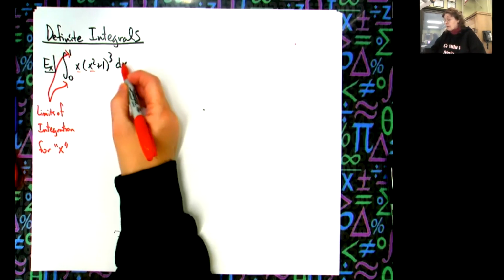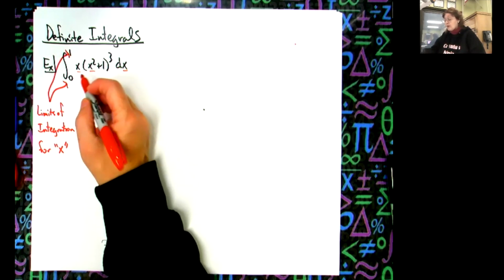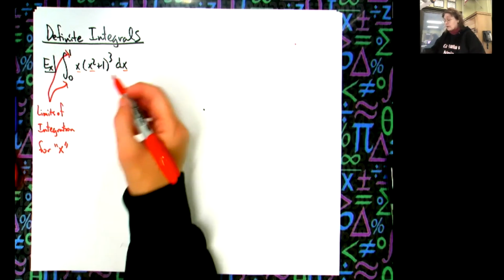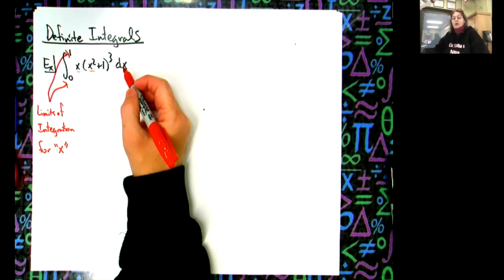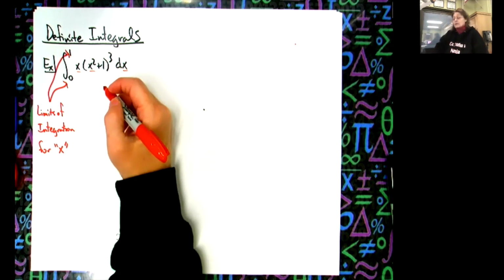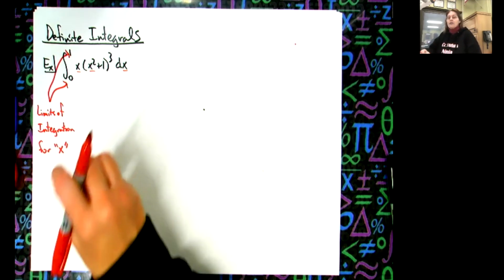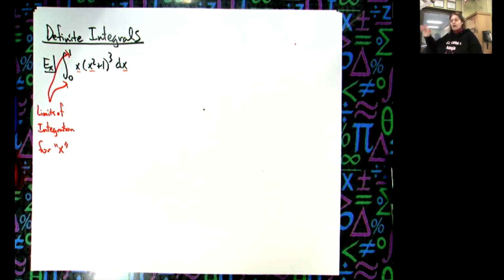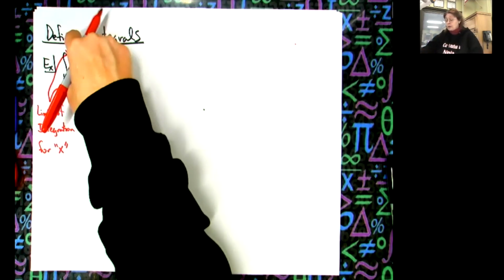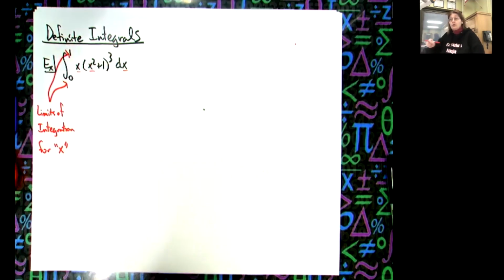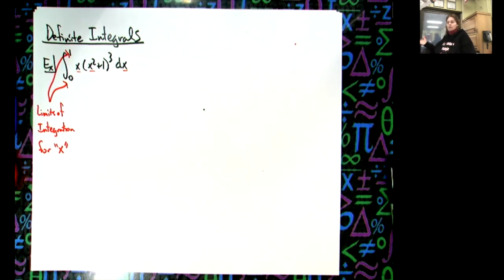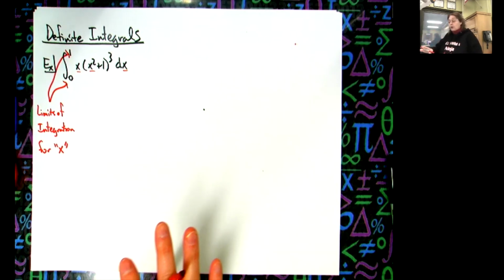I've got a dx right here, and this function is in terms of x. I see all x's here. These are limits of integration for x, and right now we're not going to change them. Sometime later after Christmas, when we come back, we will learn how to change these limits of integration for x to limits of integration for u. But right now, we're not going to.